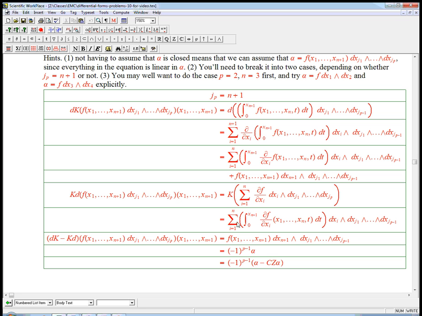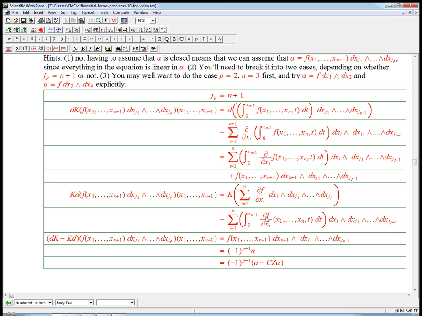So K of a sum is the sum of the K's, defined by linearity, and what I'm going to do is integrate this df dxi function with the last coordinate xn plus 1 set equal to t. Remember, the jp is n plus 1, so this is the case where K doesn't kill it. It actually does this integration process. But it does strip off the dxjp and becomes a dxjp minus 1.